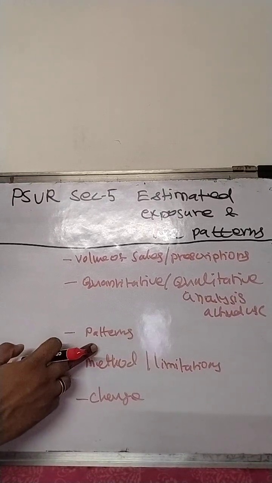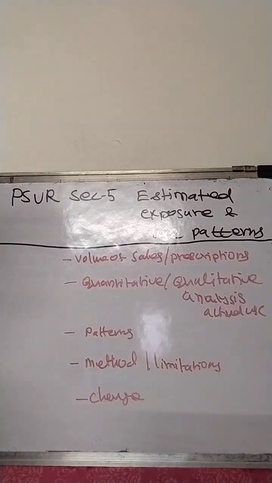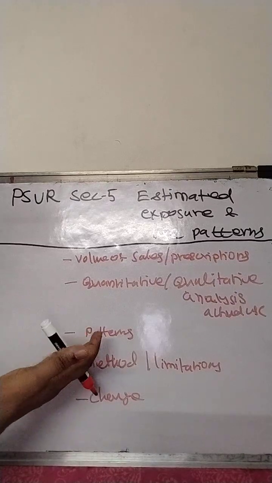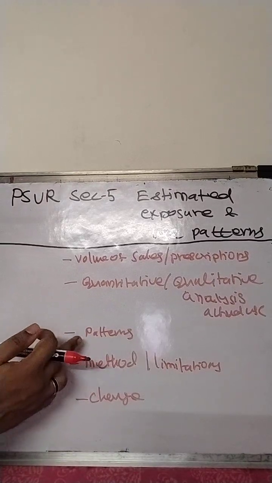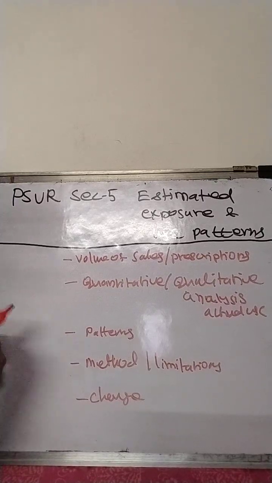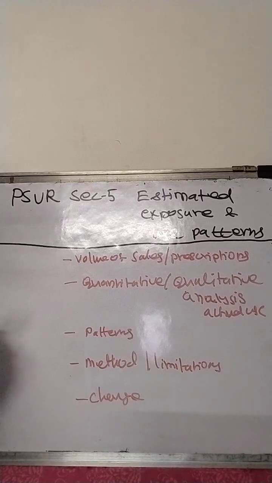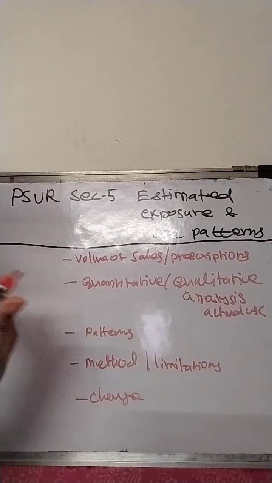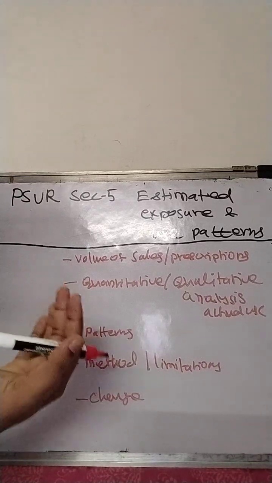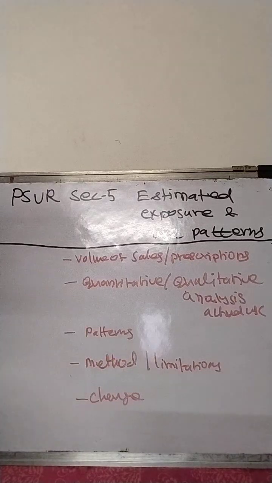And patterns. In this particular section, what they want to understand is the pattern of use. Sometimes, mainly in the post marketing setup, your medicinal product has been authorized for some indication, but in the market the trend changes, and the use of the particular medicine, in terms of medication error or overdose, drug abuse, drug misuse, due to some reasons you can see some pattern also.